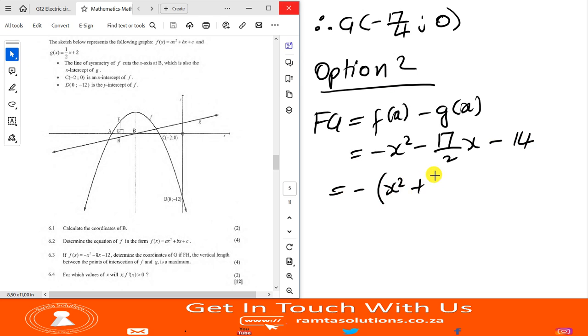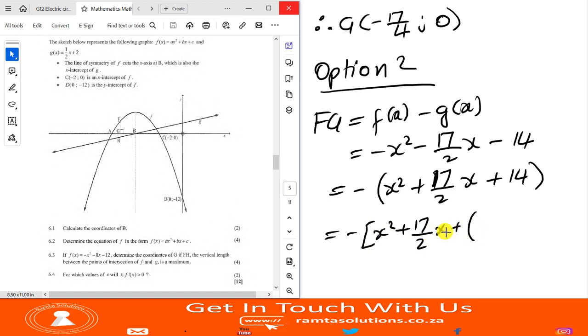Plus 14. So now let's complete the square. It'll be x squared plus 17 over 2x plus half. What is half of 17 over 2? It'll be 17 over 4 all squared minus the very same thing, 17 over 4 all squared plus 14.